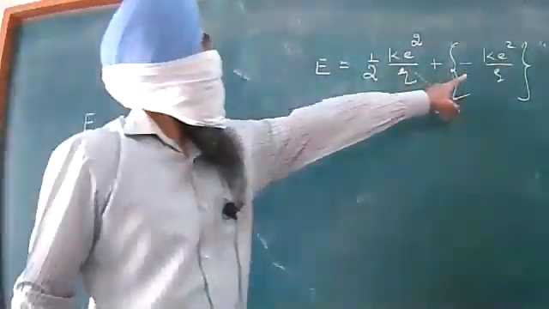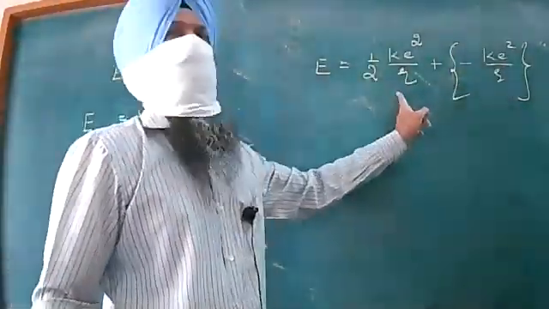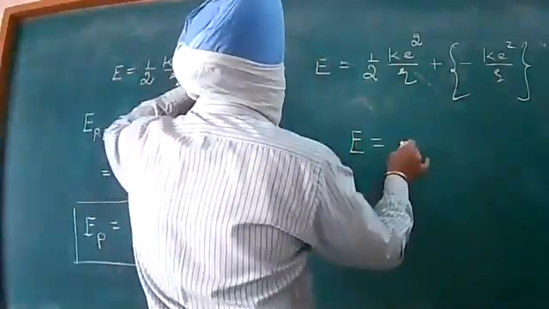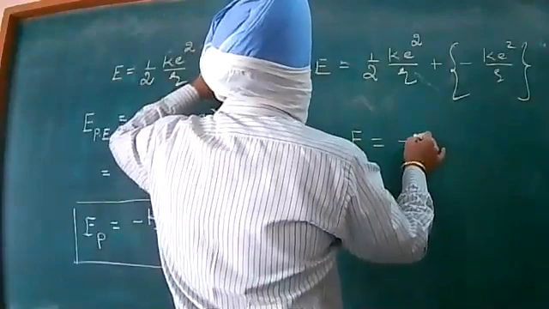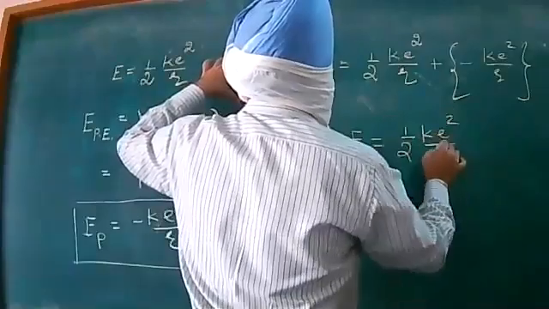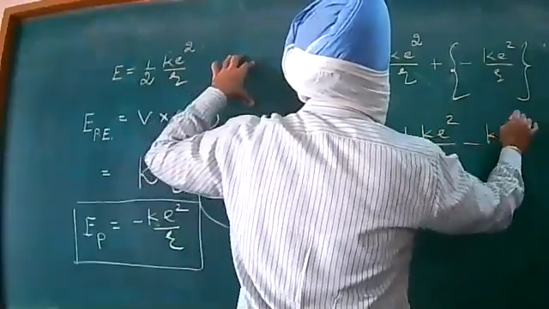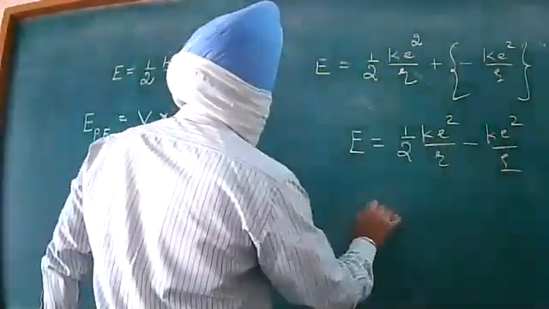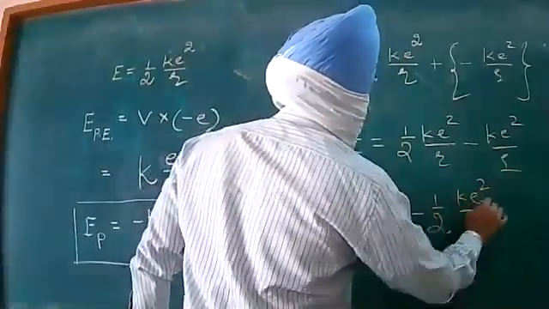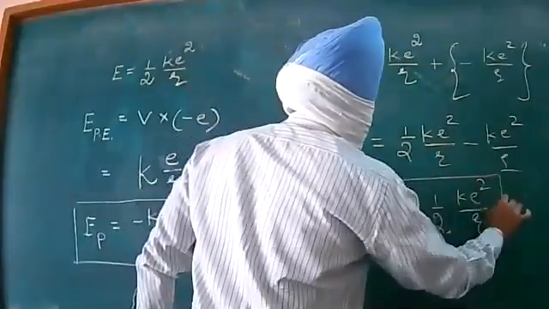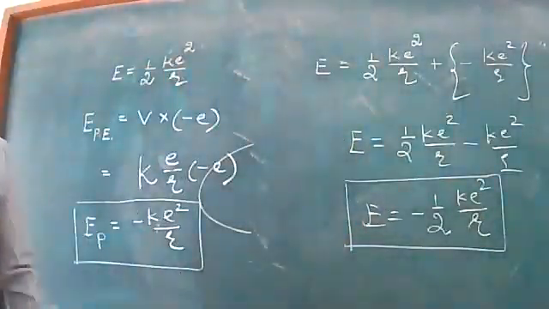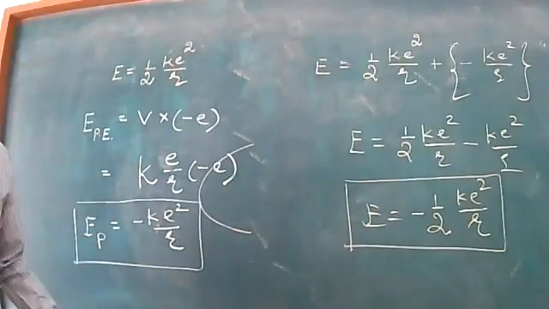So when this term and this term are added, total energy E is minus 1 by 2 k e square upon r, that is minus 1/2 of k e square divided by r. Beta, is it justified to all? Is it clear to all, beta?